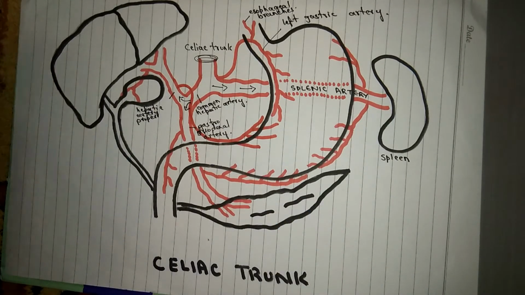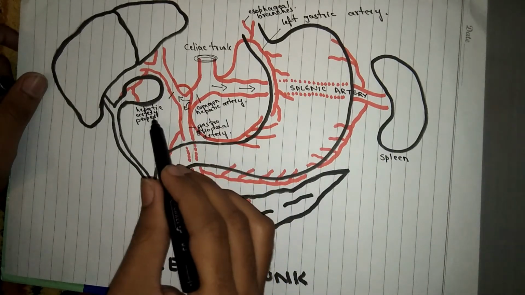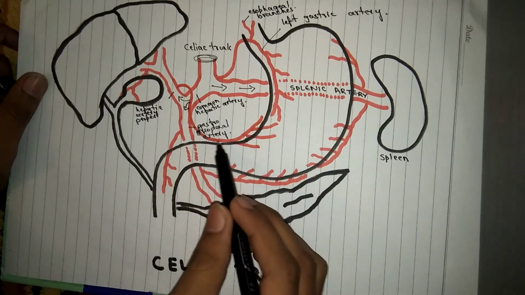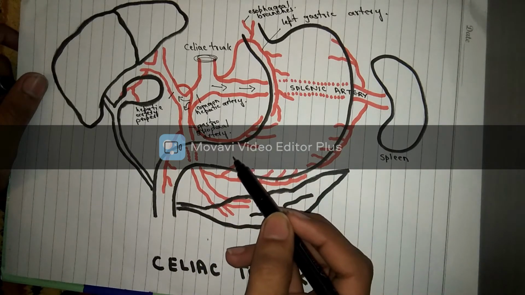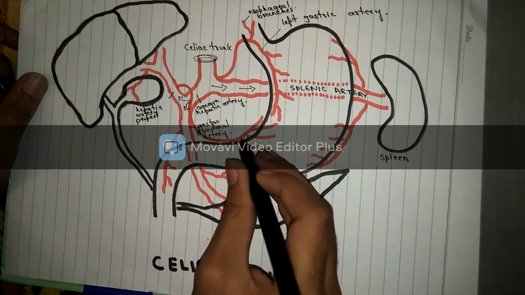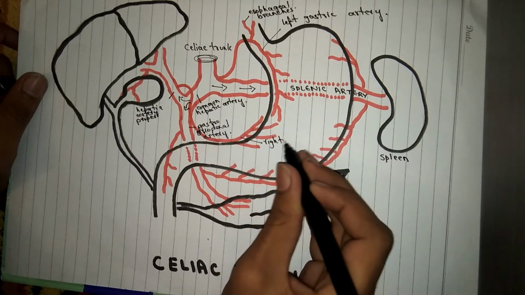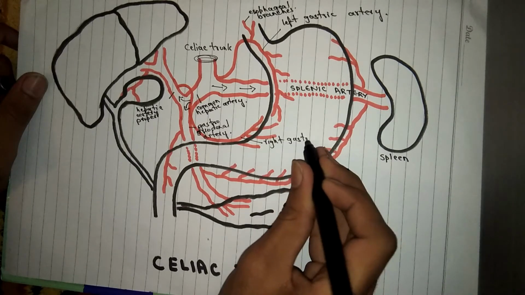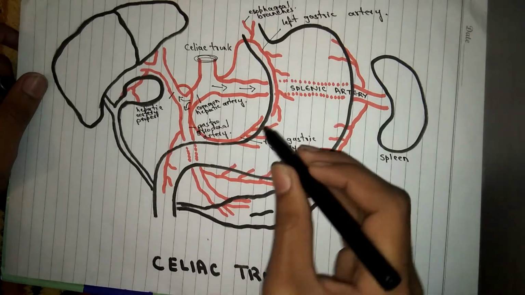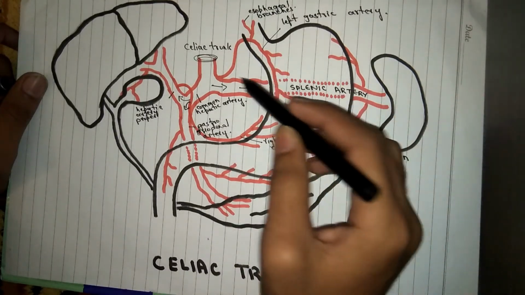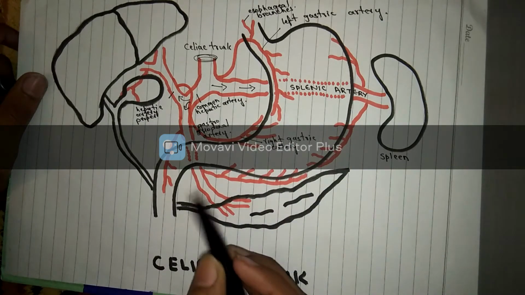This branch, going into the inferior portion of the lesser curvature of the stomach, is the right gastric artery, which is going to anastomose with the left gastric artery coming from the upper side, arising from the celiac trunk.